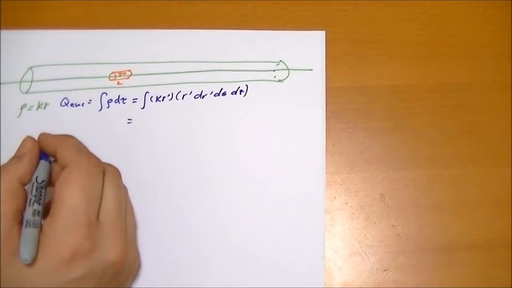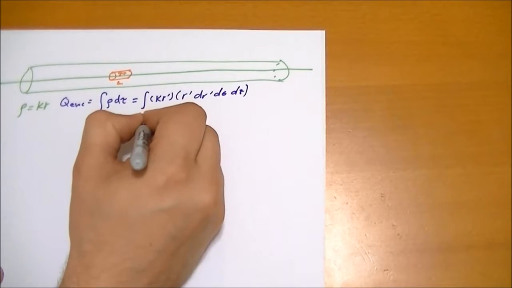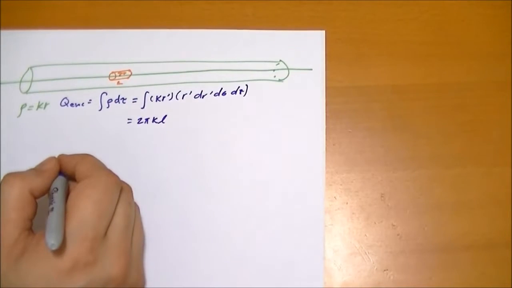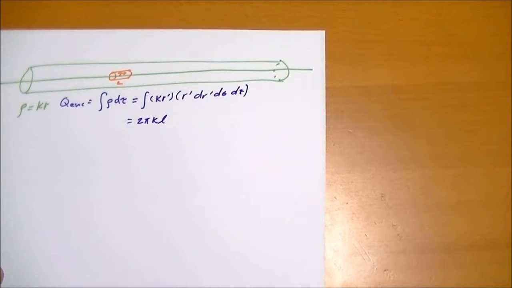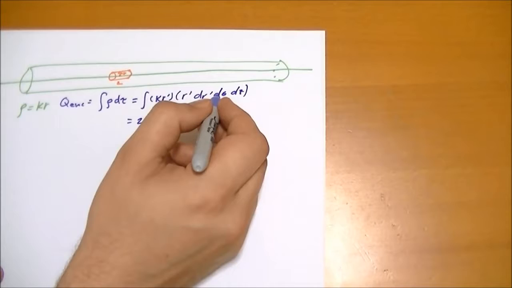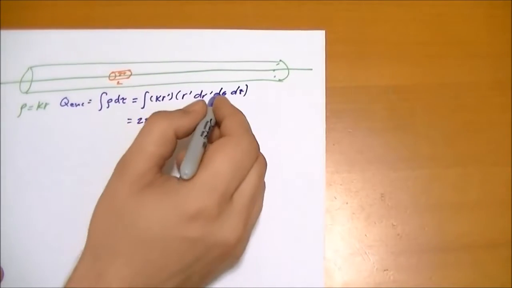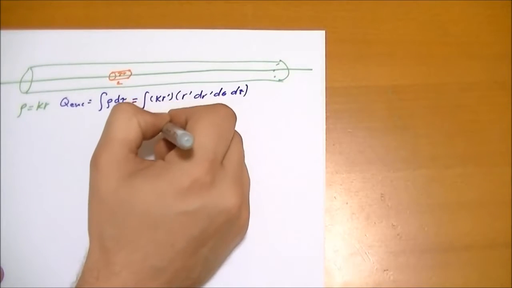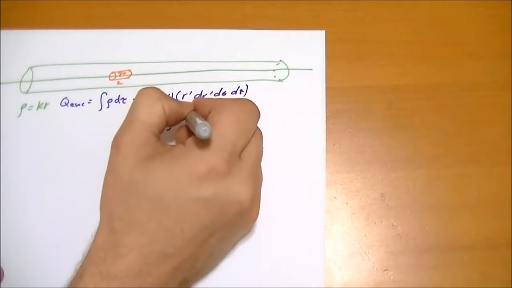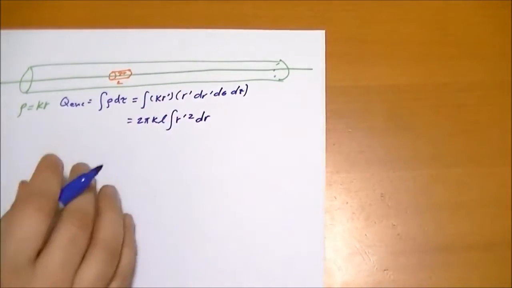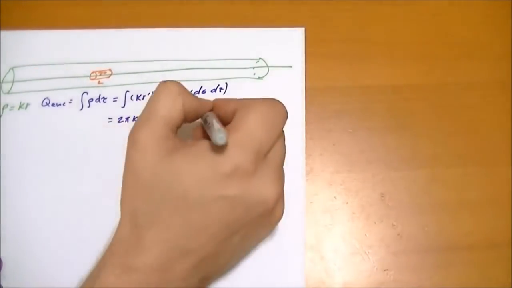So we have 2 pi k L. Where did L come from? Oh, that's the length of the box. 2 pi k L. And the 2 pi came from the integral of d theta because we're going all the way around. This dz, we went the length of L. And the leftover part is r prime squared, because these two multiply together, dr. Well, if you've never seen that integral before, you're kind of hopeless.